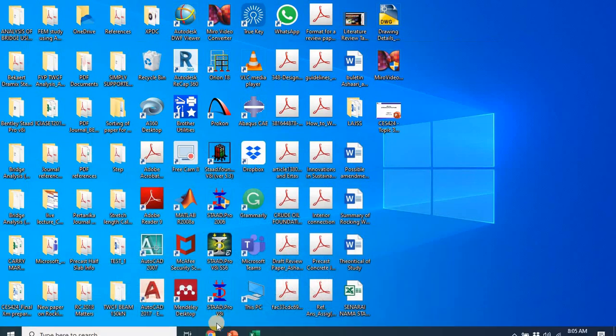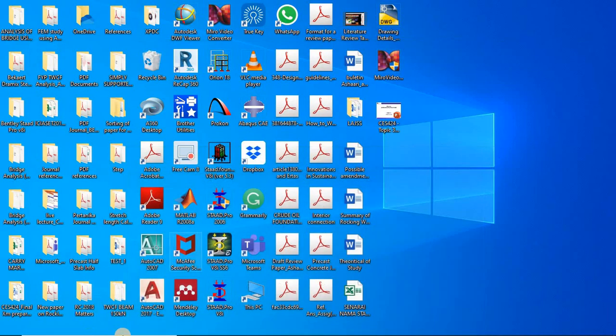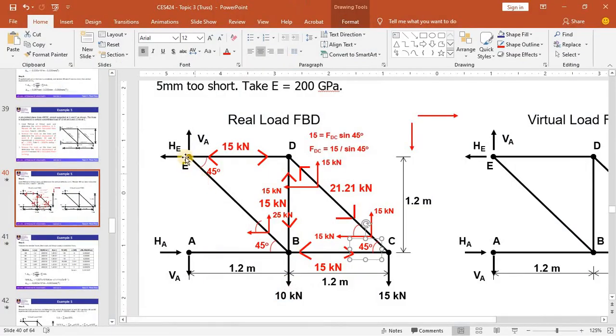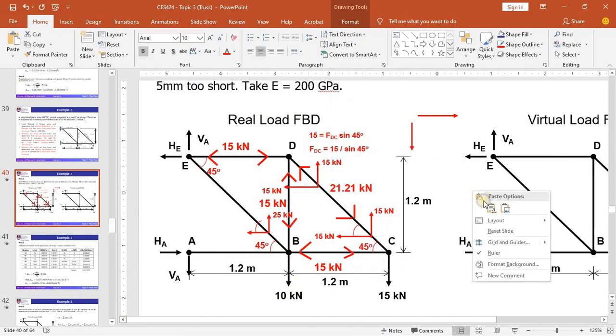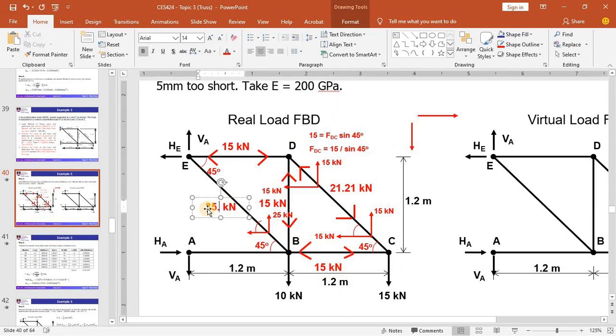So the angle remains the same, and my internal force for member EB is equal to 35.36.